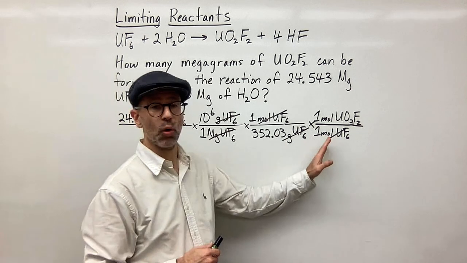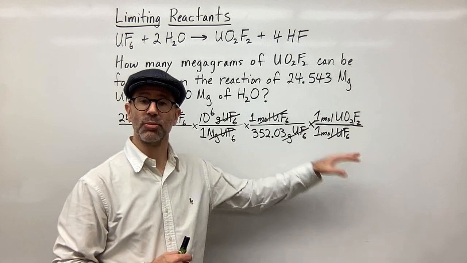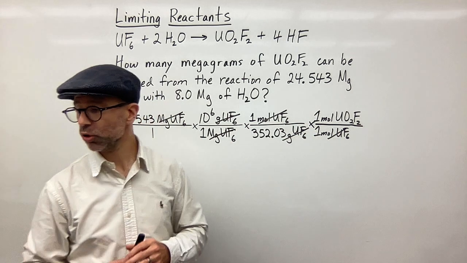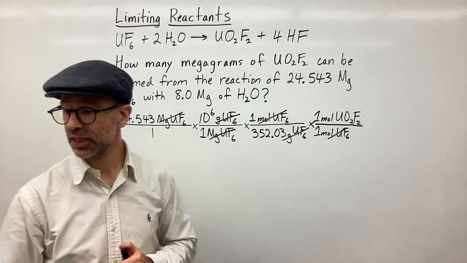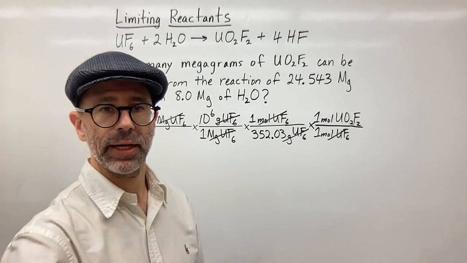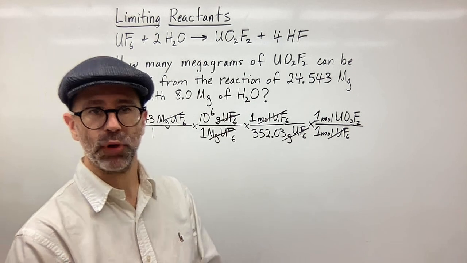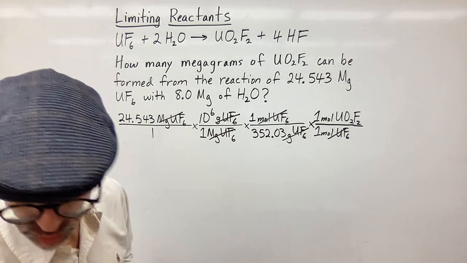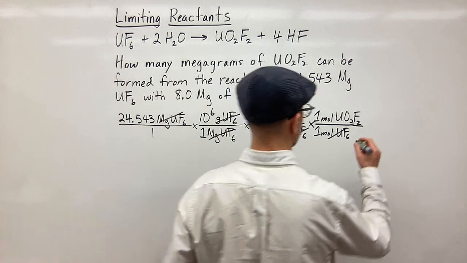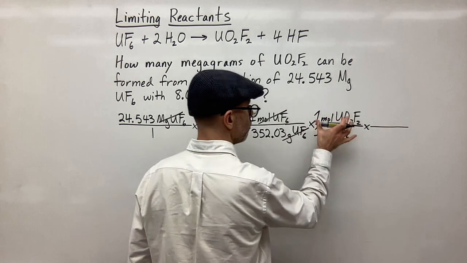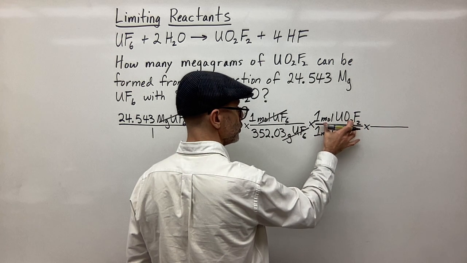So here I have moles. I need to convert back to mass. So I'm going to have to use the molar mass of this substance here. The molar mass of this substance needs to be calculated, and that's 308.0288. So I have moles of UO2F2 on the top.